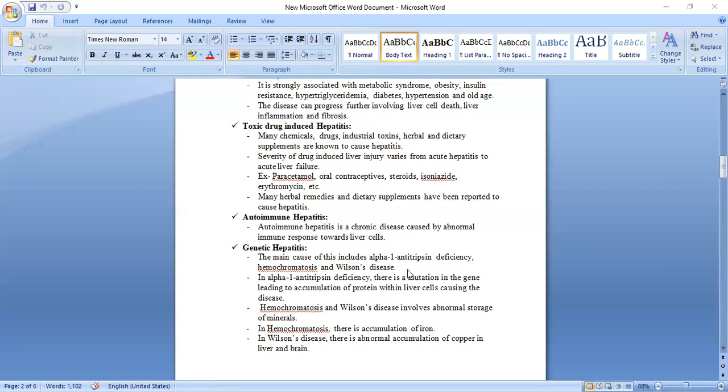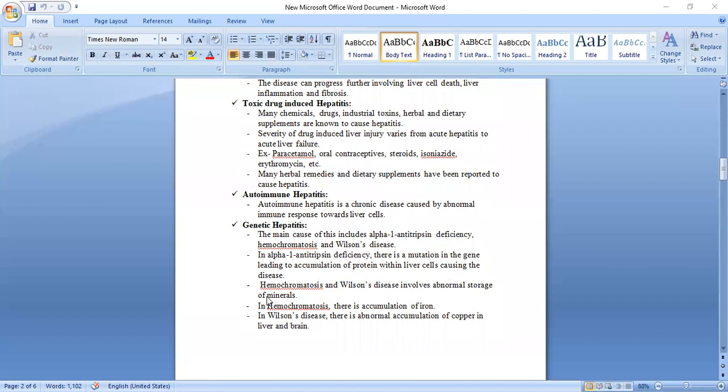If any one amino acid changes, that is the mutation, then the wrong protein will be produced, and this causes wrong function of that protein, and accumulation of this wrong protein within the liver cell causes this type of disease.